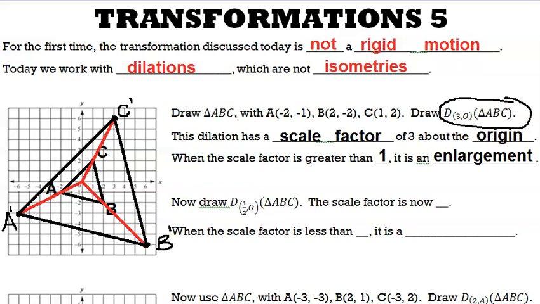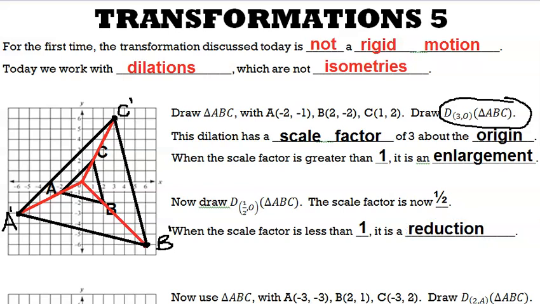Now, in the case of your other one here, a dilation with a scale factor of 1/2, now you're dealing with a scale factor less than 1, which means instead of an enlargement, it is a reduction.